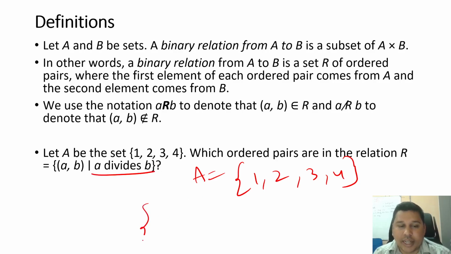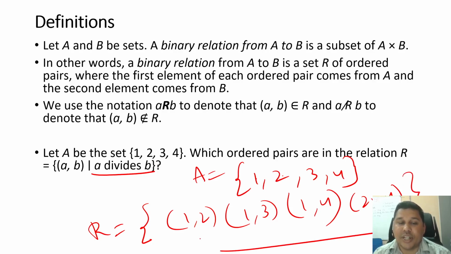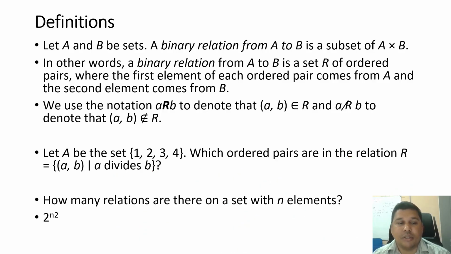So, you can write the relation R equal to, in brackets: 1 divides 2, yes, so 1 comma 2 is one pair. 1 divides 3, so 1 comma 3 is possible, right? 1 divides 4, 1 comma 4 is possible. Then 2 divides 3, no. 2 divides 4, yes, 2 comma 4 is possible. Then 3 divides 4, no. So this is the relation. The relation here is that the element a divides the element b. Okay, so this is called a binary relationship.